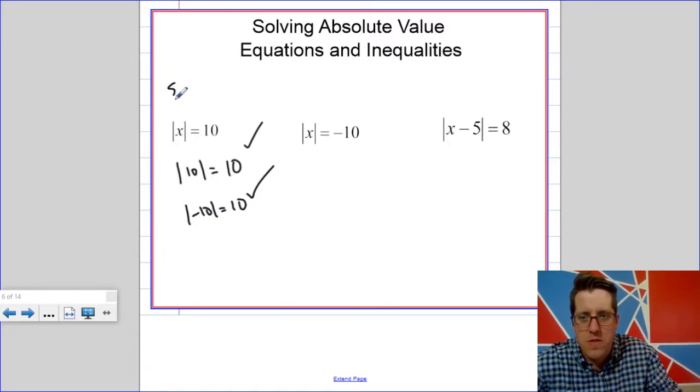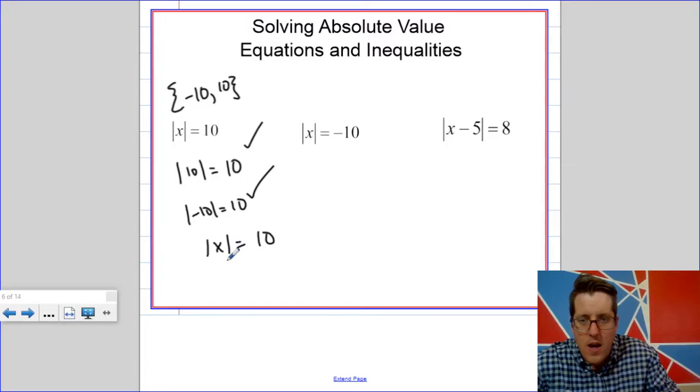Two solutions, -10 and 10. Cool. Or, depending on what Algebra 1 class you took, you may have split it up into a plus or minus. X equals -10 or x equals +10. Or maybe you even went to one of those fancy absolute value solving schools and you solved it like this.